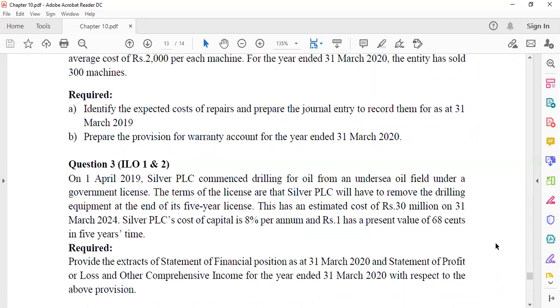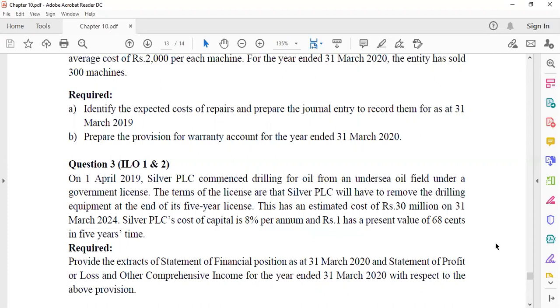It is supposed to be removed on 31st March 2024 after its operation, and you can see that is 5 years time. So the time period is more than one reporting period. Consequently, you may have to take into account the time value of money.